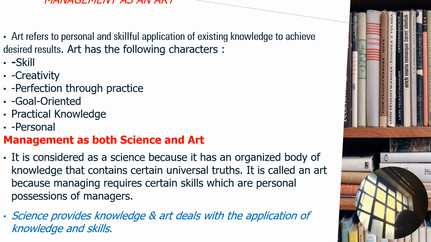From what we have discussed, management as a science and management as an art, it is very clear that management combines the features of both science and art. Management is considered a science because it has an organized body of knowledge which contains certain universal truths.